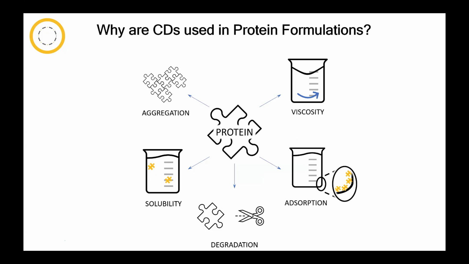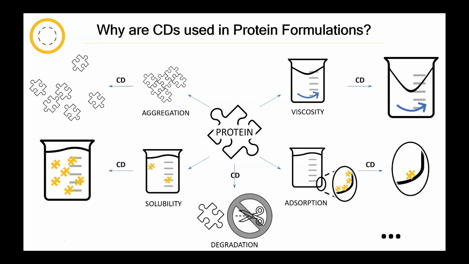Sometimes you have to use them in high concentration, so the viscosity increases as well. They can be adsorbed to the wall of the vial or the glassware. The solubility can be low sometimes. Usually it's not a huge problem, but sometimes solubility is not good, and also the degradation of the proteins is a huge problem. But cyclodextrin can solve these problems.